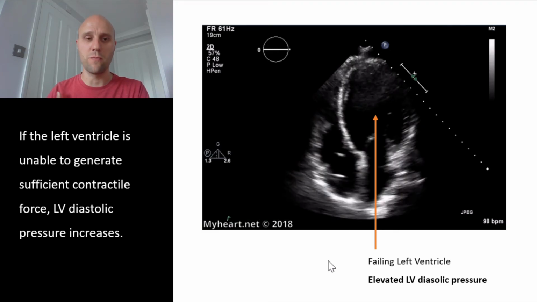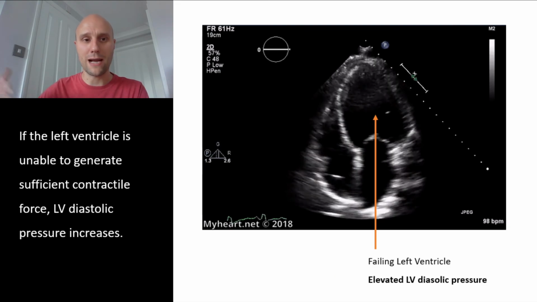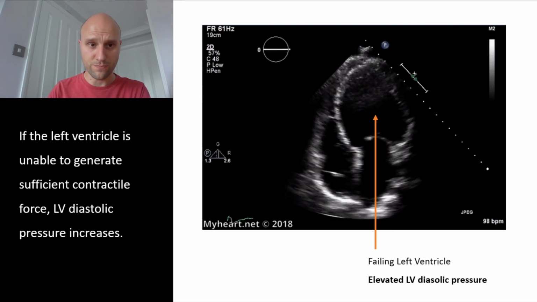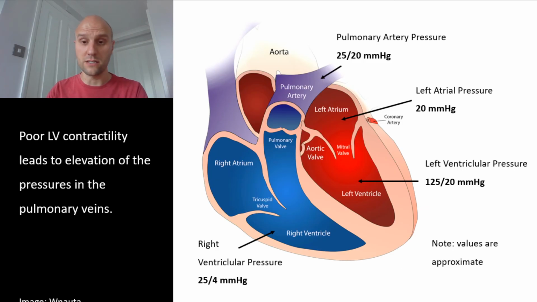You get a backlog, if you like, a back pressure of fluid coming back through the left side of the heart and into the lungs. I've relabeled this diagram with some elevated pressures in the left ventricular diastolic pressure, and also that's transmitted through into the left atrium, back through the pulmonary veins and back into the pulmonary arterial pressure.